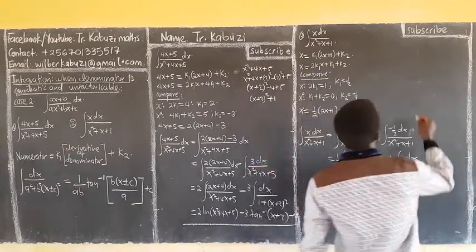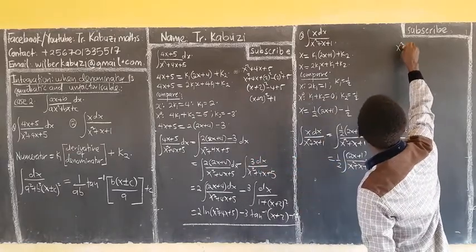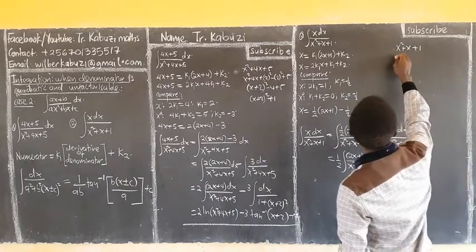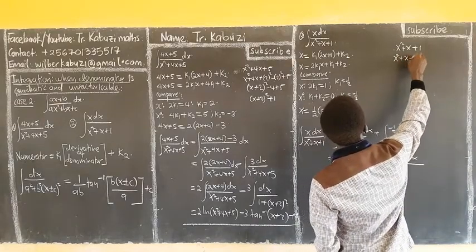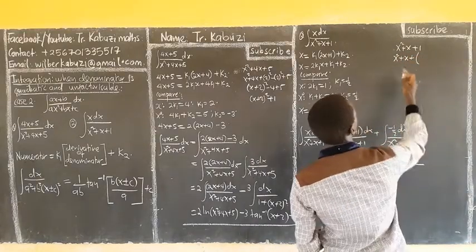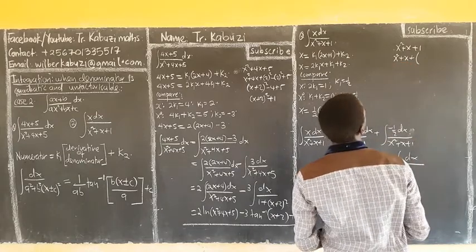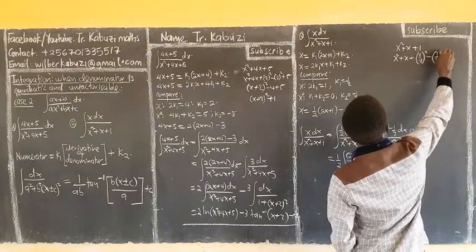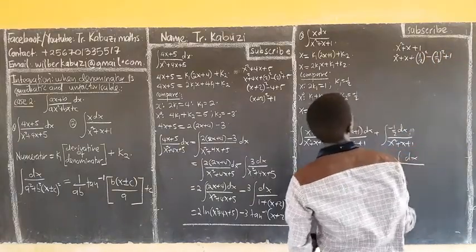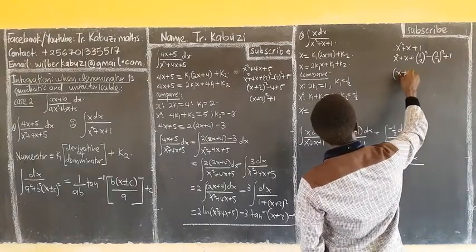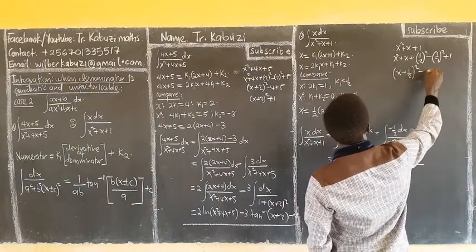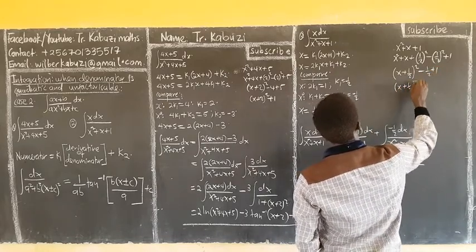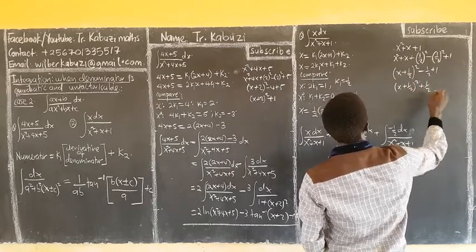Now you complete the square for this. So my x squared plus x plus 1. The coefficient is 1, so I'm good to go. This will be now x squared plus x, then plus a half of the coefficient of x, squared. The coefficient is 1. So a half of it, squared, then plus 1, which will be now a half squared, then plus a half.